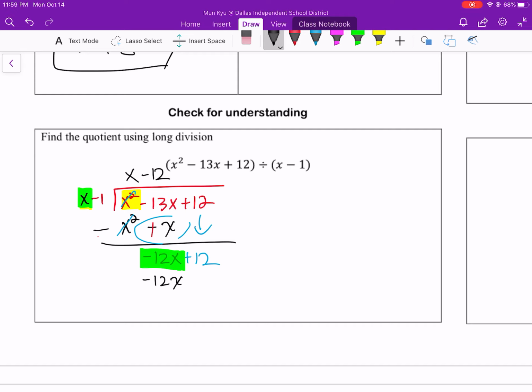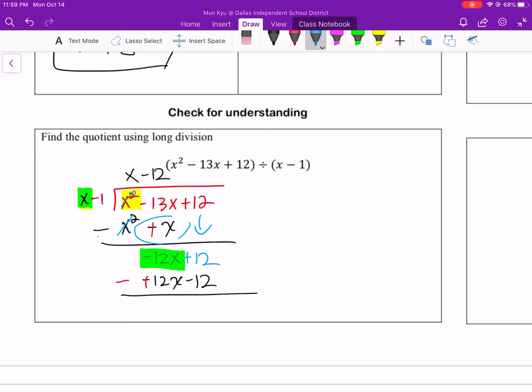Negative 12 times negative 1 is equal to positive 12. Phew, the numbers are beautiful like this, because if you subtract it, this will become positive, and this one will become negative 12 because the sign changes.